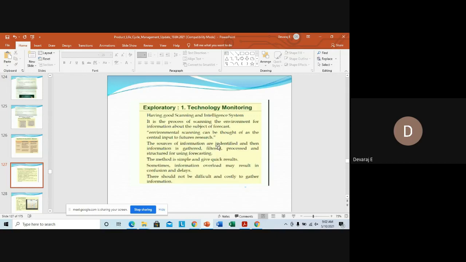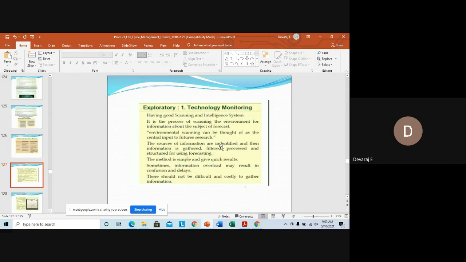See, the sources of information are identified. If you get a lot of information from the competitors or from the market, then you gather the information, then filter that. If you get around 20 technologies, then you should filter them. First you gather what type of technology the competitors and other companies are using, then filter those.